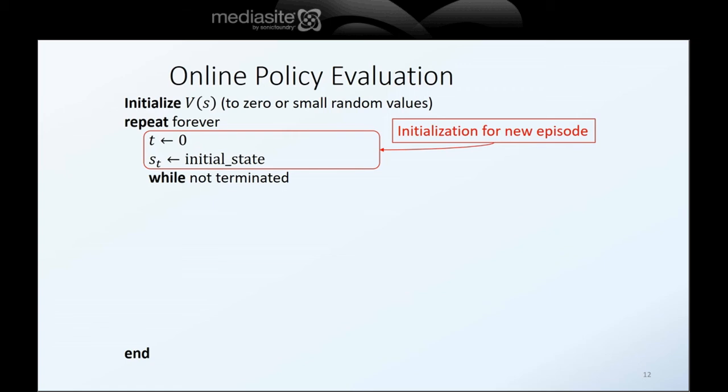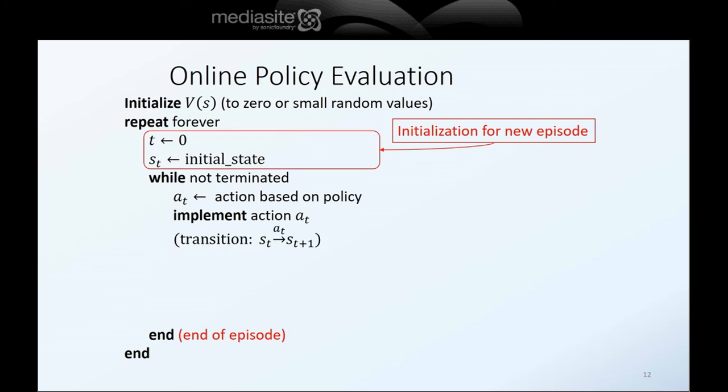Since it's episodic, it's not a fixed number of iterations: while not terminated, while the goal state is not reached, we pick an action A_t based on the policy. This is policy evaluation, so the policy should be known. We pick action A_t and implement it upon the environment. Because of this action, the environment transitions from the current state S_t to state S_t plus 1.